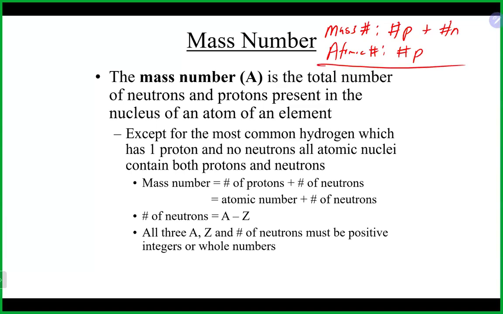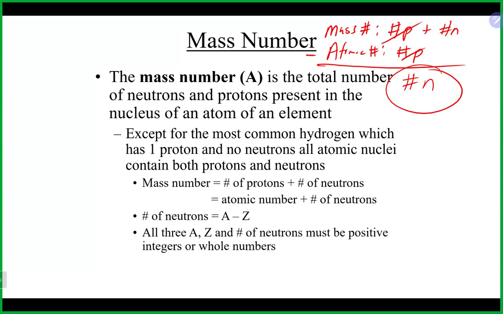The importance of the mass number and the atomic number is this: if I take the mass number and subtract the atomic number, protons go away. That will give me the number of neutrons. So if you take the mass number and subtract the atomic number, you will end up with the number of neutrons you have in an atom.